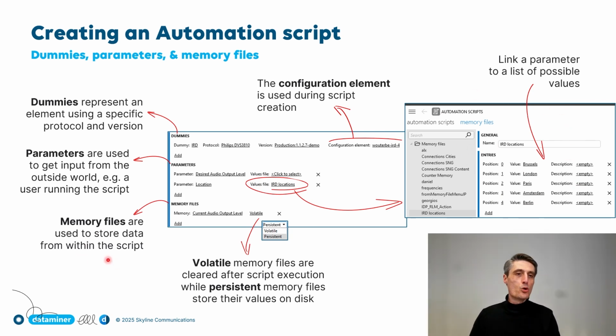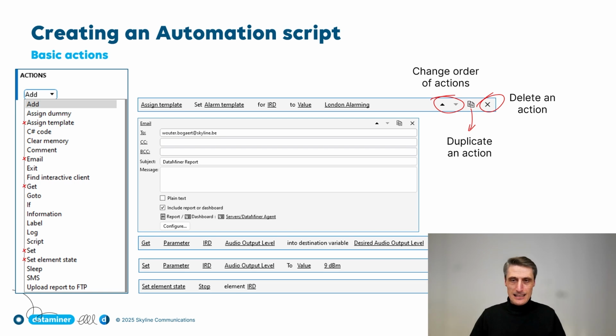Memory files are more for advanced scripts, to store variables across different executions, for instance when they are persistent. Volatile is only remembered during the execution. Okay, so that's the top section that we took a look at here.